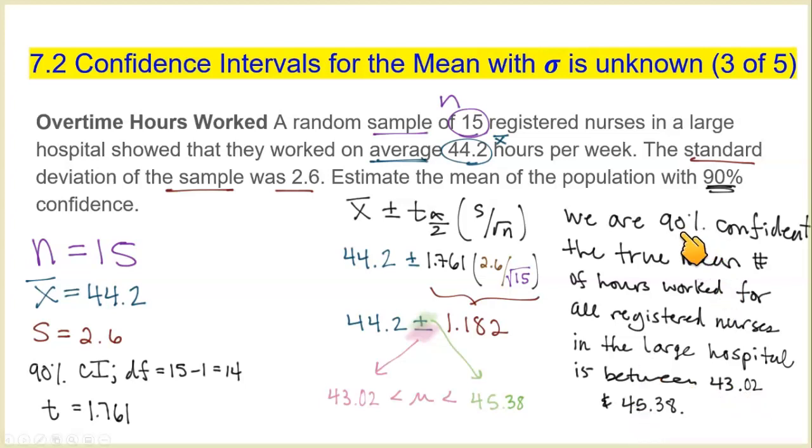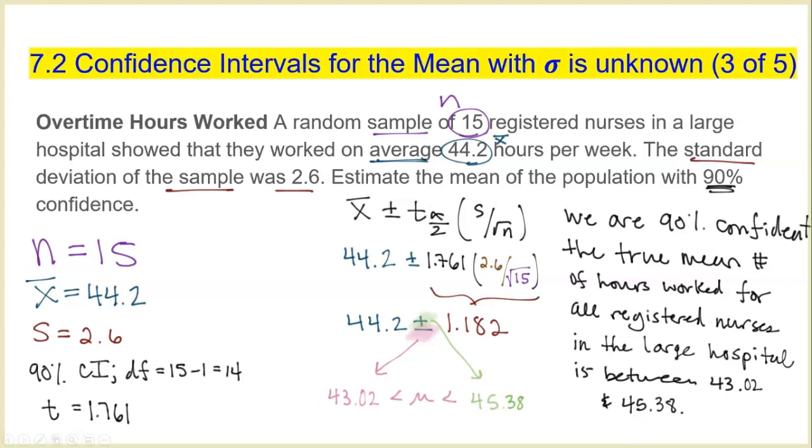But that, again, is our 90% confidence interval. It's taking the distribution of hours worked for every nurse in this particular hospital, and we are looking at the middle 90%, and those are the boundaries. So anyone that has between this 43 hours and a little over 45 hours would represent 90% of the population of the nurses if we look at the distribution that way.